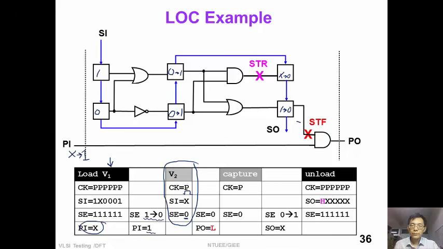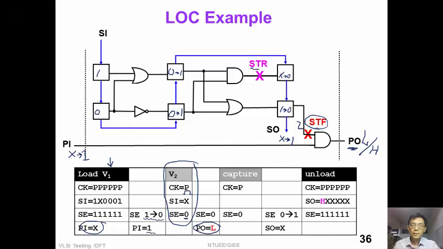Now we create the falling transition to excite this slow to rise fault, and the side input is X to 1. So now we can detect the red slow to rise fault by observing the primary output. The good output should be logic 0. If we observe a logic high, logic 1, then we detect the red slow to rise fault.